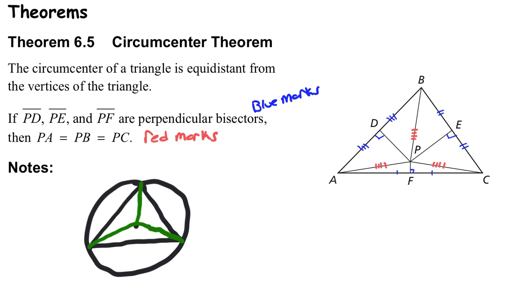When you can draw a circle around the triangle and all three vertices of that triangle are on the circle itself, that is showing the circumcenter. It just so happens from the circumcenter to the vertex of a triangle also represents the radius of that circle.